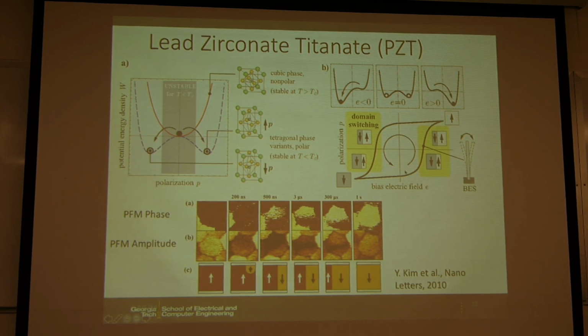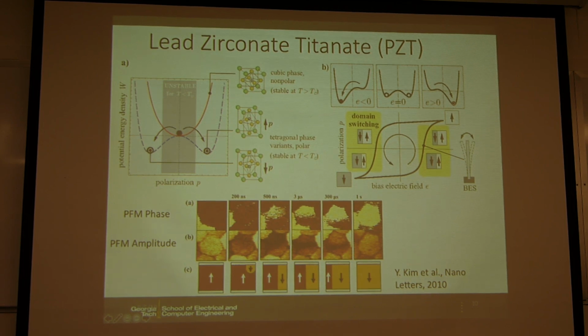If you apply an electric field, the energy landscape will get tilted. If the electric field is large enough, this minimum will disappear, so this ball will move to the global minimum. That's how the switching occurs in ferroelectrics.